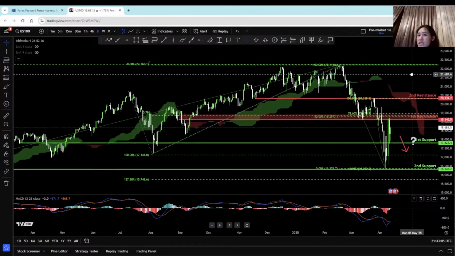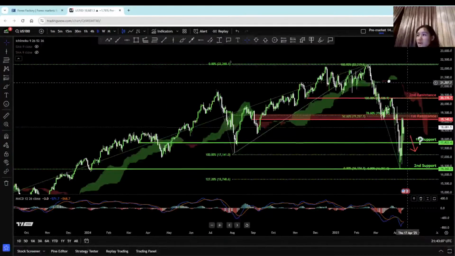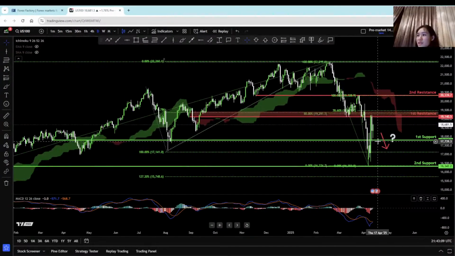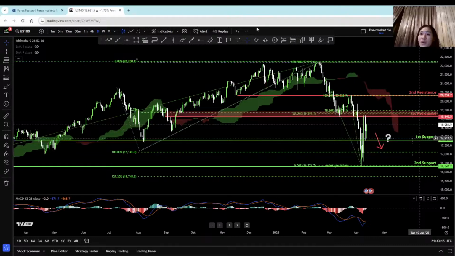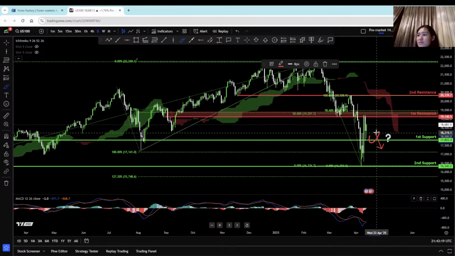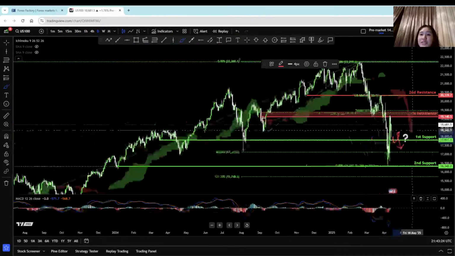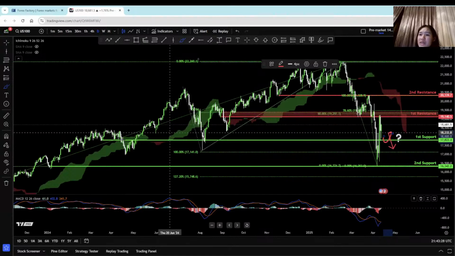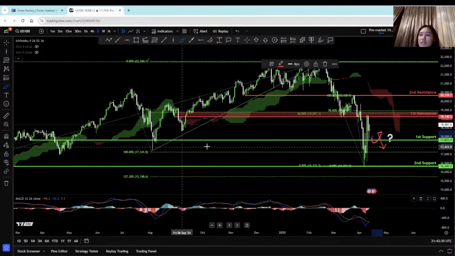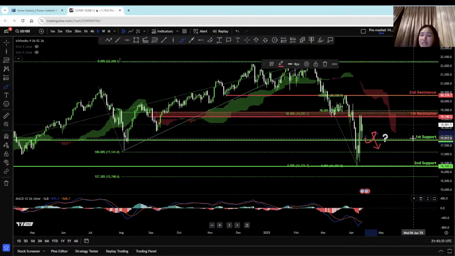So like I said, I'm expecting it to continue to fall towards our second support, or at least to that first support. We might see a bit of a bounce or reaction off of this first support, since it's an overlap level, but it's not a confluence level since there are no Fibonacci levels there.